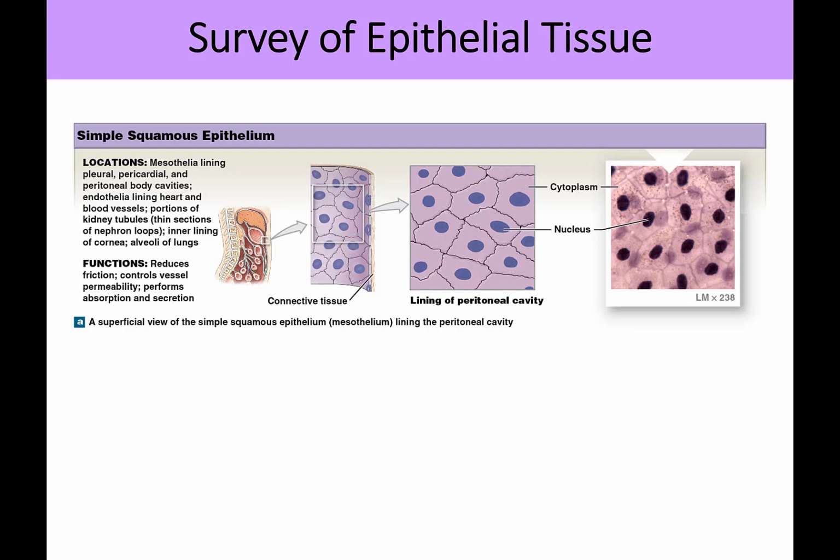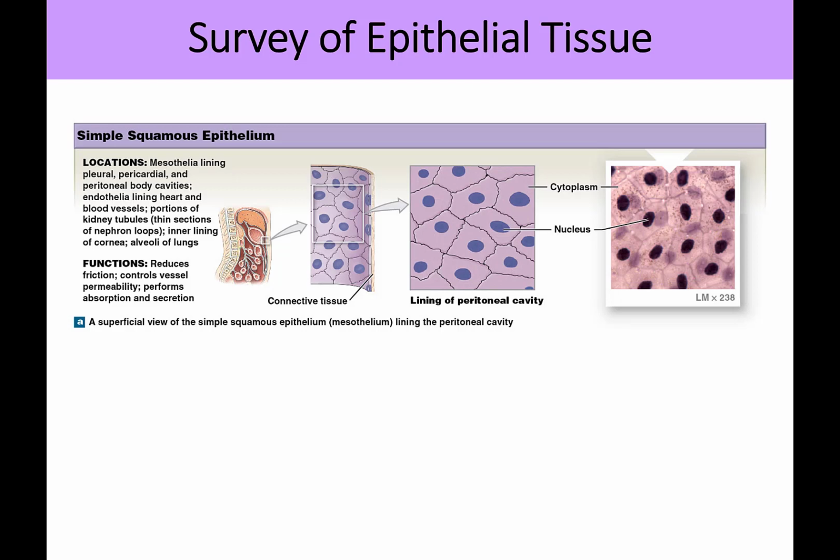Think about it: if you have a very thick layer, how long is it going to take your cells to diffuse nutrients over? They're going to starve to death by then. So you need a very thin layer to exchange nutrients, somewhere like the alveoli of the lungs, for example, where it needs quick gas exchange.